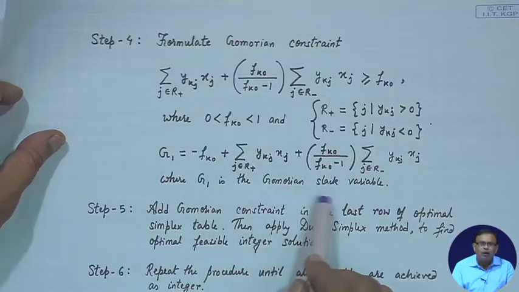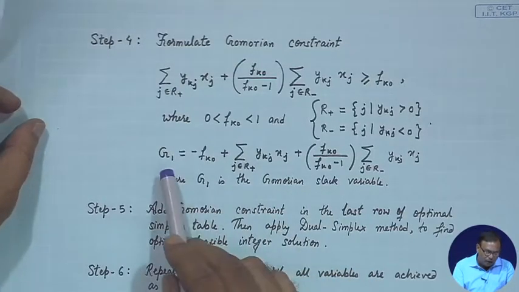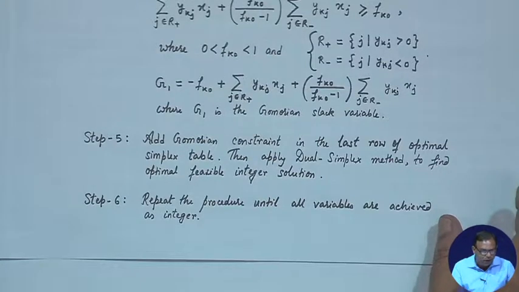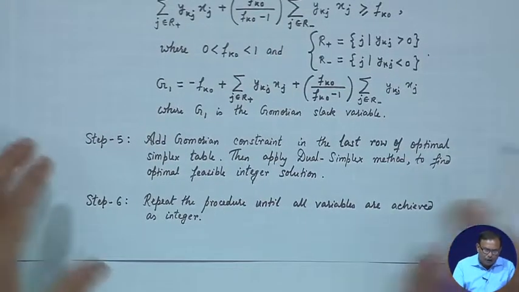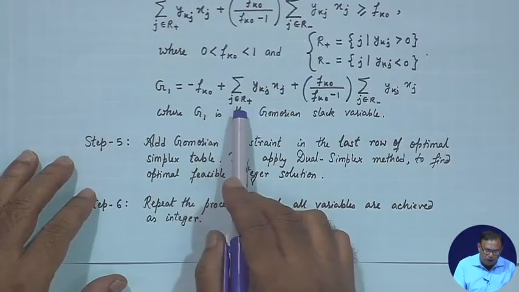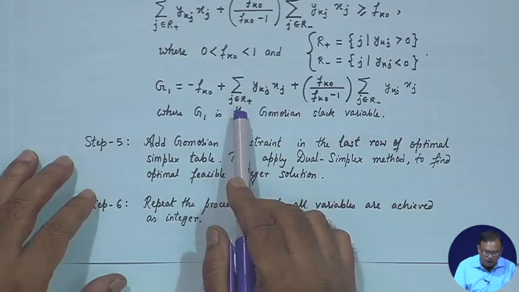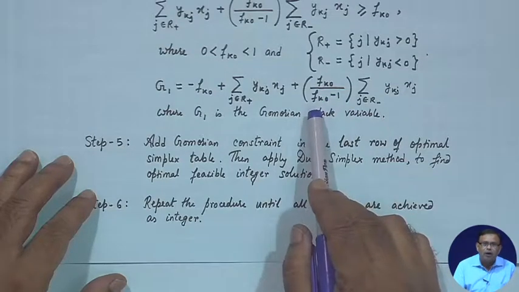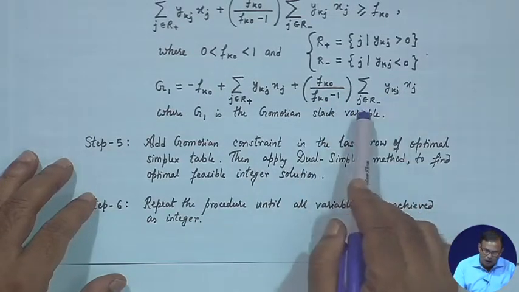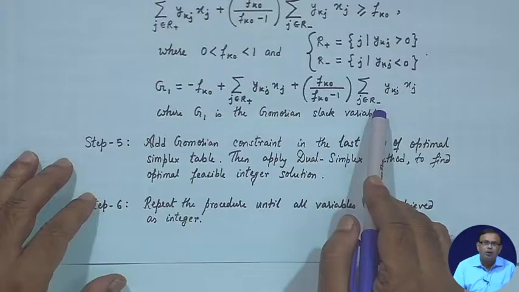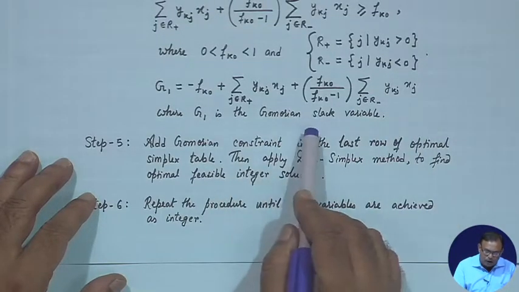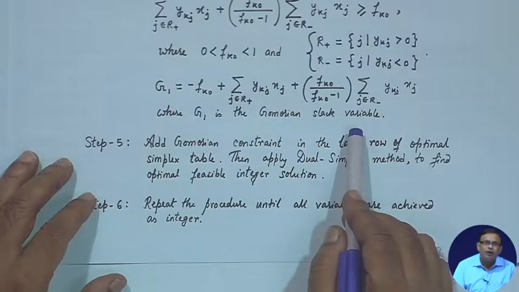Once I obtain this inequality, from it I can write down the corresponding equality by adding the Gomorian slack variable g1. So, g1 is this one: minus f_k0 plus summation j belongs to R plus, y_kj x_j, plus f_k0 by f_k0 minus 1, summation over j belongs to R minus, y_kj x_j, where g1 is the Gomorian slack variable.